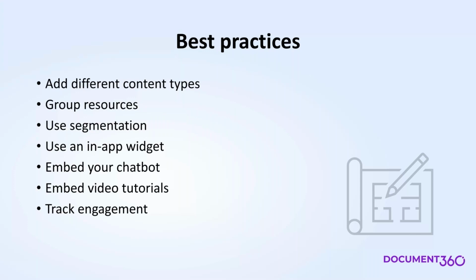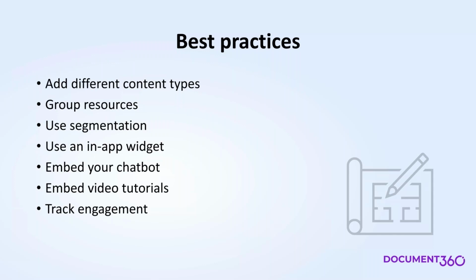Next, use an in-app widget. If you saw the ICICI example, there was a small tab on the right. Having a widget lets users quickly access the in-application assistance. Rather than struggling to find the in-app assistant itself, a more prominent widget will be easier to locate. Embed a chatbot and video tutorials, which we already saw, which will help users find answers.